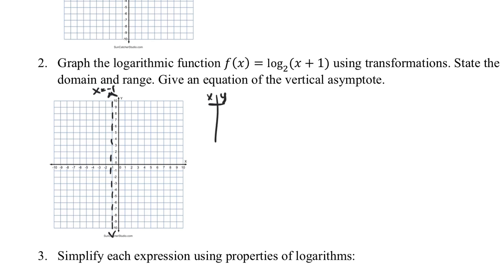Now we need to find the x-intercept that occurs when y is equal to 0. So plug a 0 in for y right here. That's going to be the equation 0 equals log base 2 of x plus 1. In order to solve this, we need to cancel the logarithm, so I'm going to use a base of 2 on both sides.